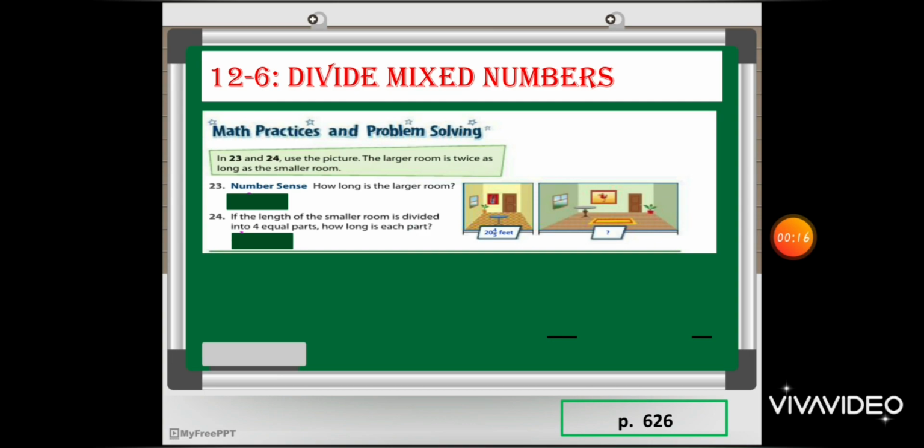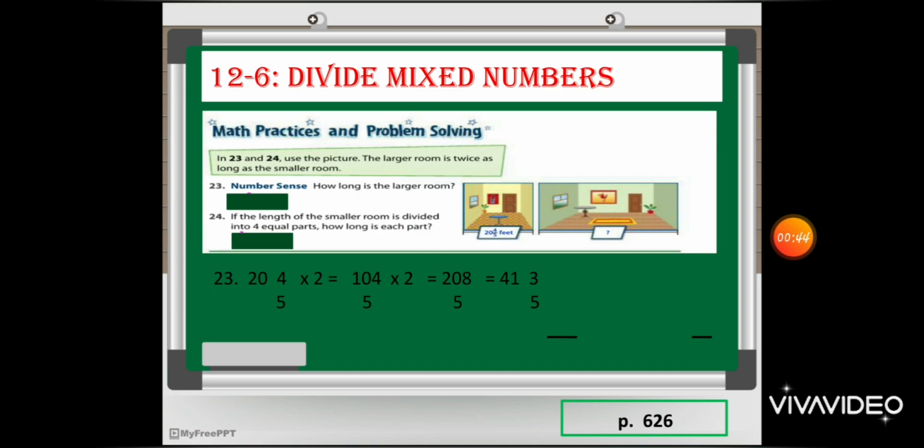So it says here that the larger room in the picture is twice as long as the smaller room, and the smaller room measures 20 and 4/5 feet. Now, for our question, how long is the larger room? So we are going to multiply the size of the smaller room by 2. First, change the mixed number into a fraction.